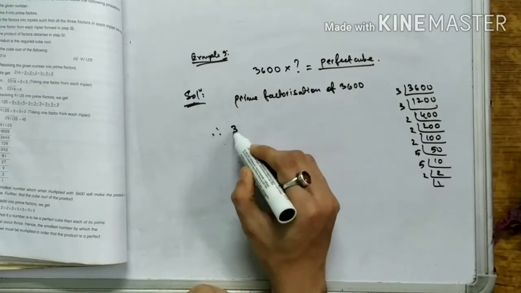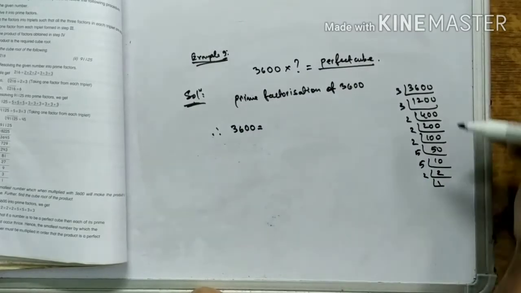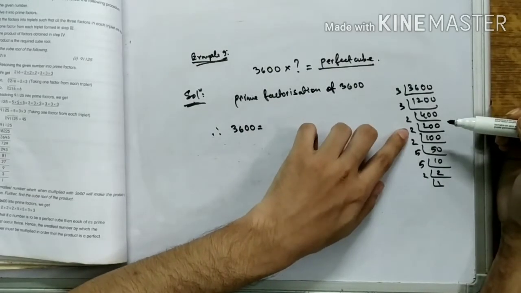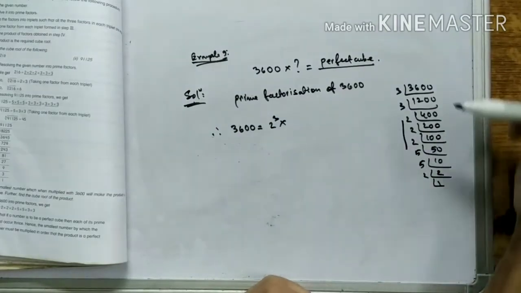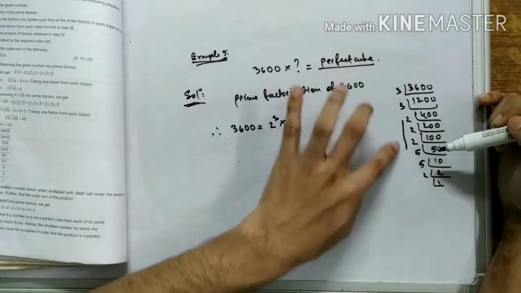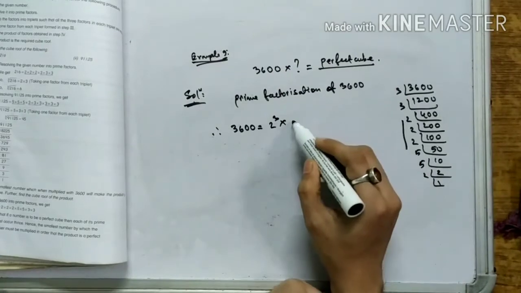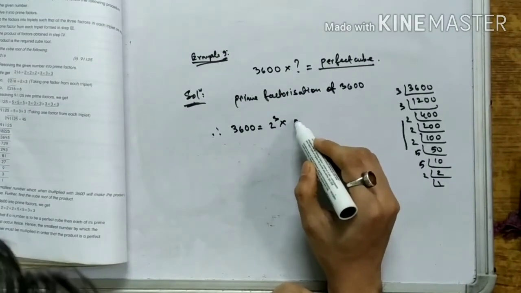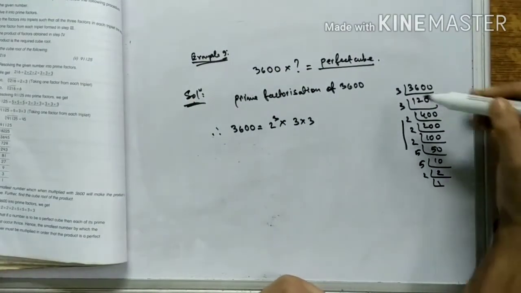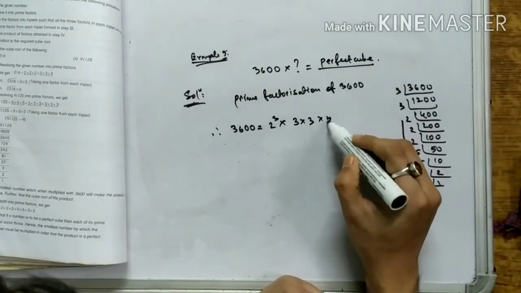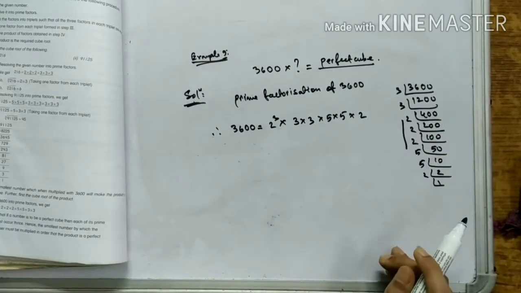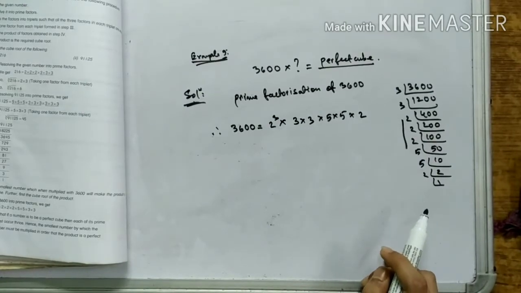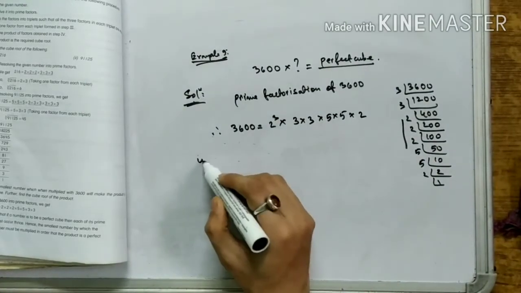So therefore 3600 I can write as 2 into 2 into 2, 2 cube I got here, into 3 into 3, into 5, and into 2 there. Understand?